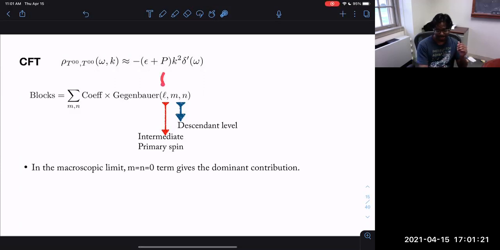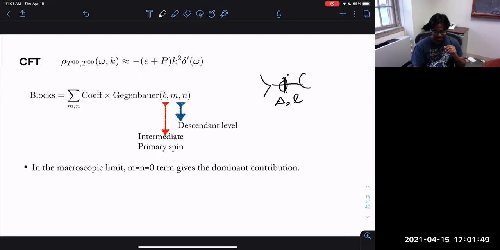And you have a Gegenbauer polynomial, which depends on three numbers, L, M, and N. M and N, as I said, are the descendant levels, and L is the spin of the intermediate operator that goes into this S-channel. Whatever appears here has dimension delta and spin L.